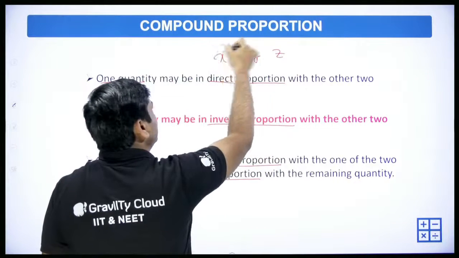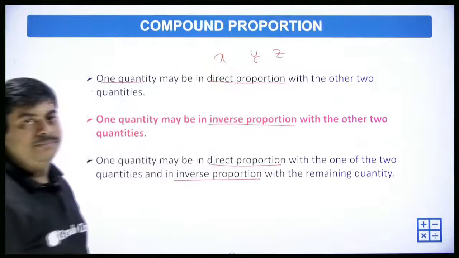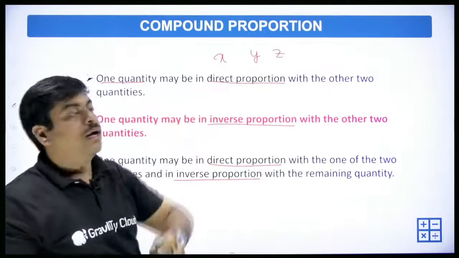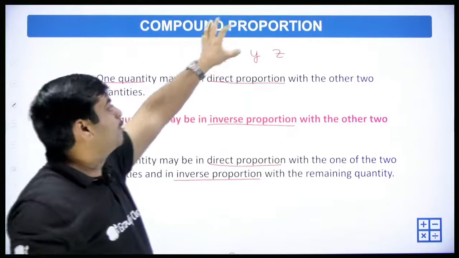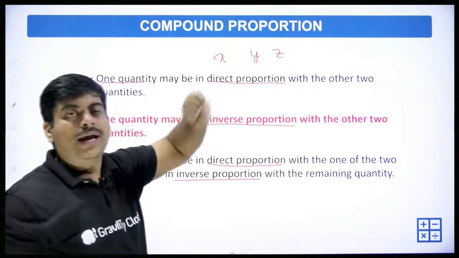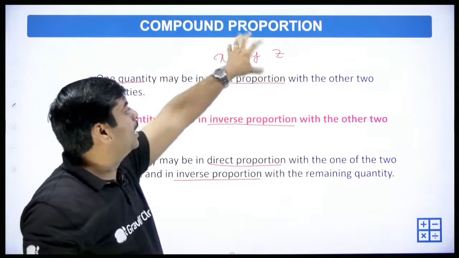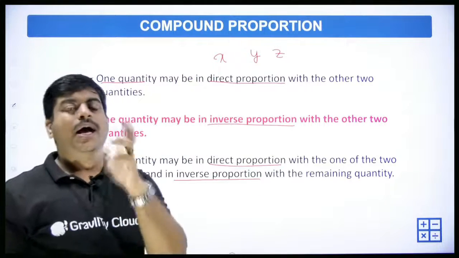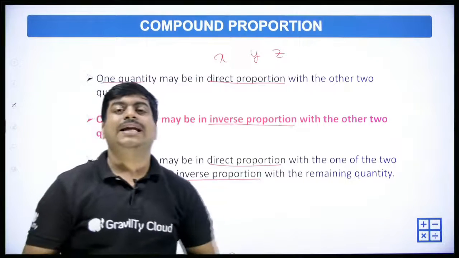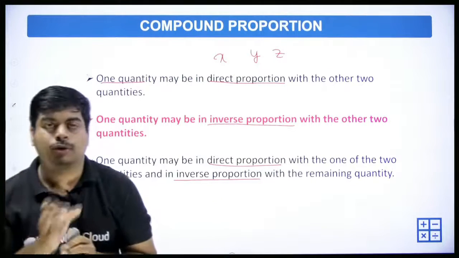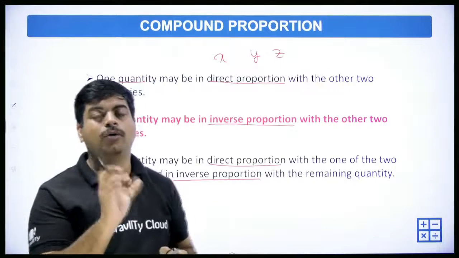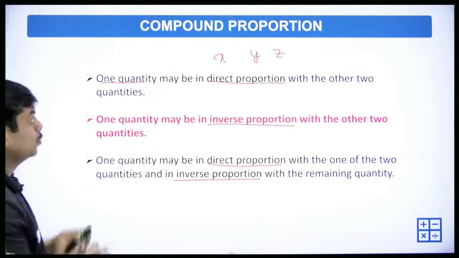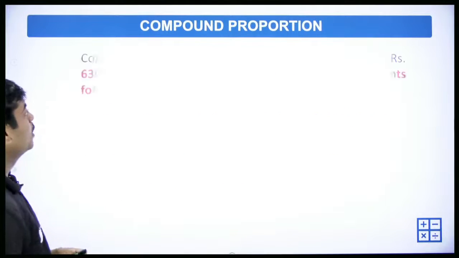Maybe all these 3 are in direct proportion, or x is inversely proportional to these 2, or x is proportional to y and inversely proportional to z. Any such combination, we say is a compound proportion. Let's move forward to learn what is compound proportion.